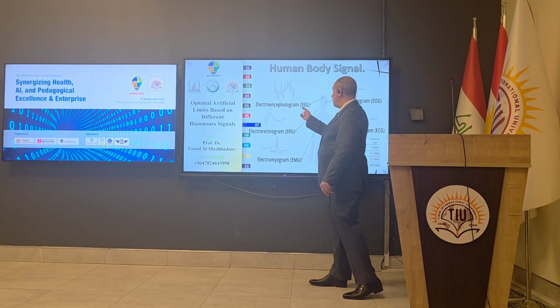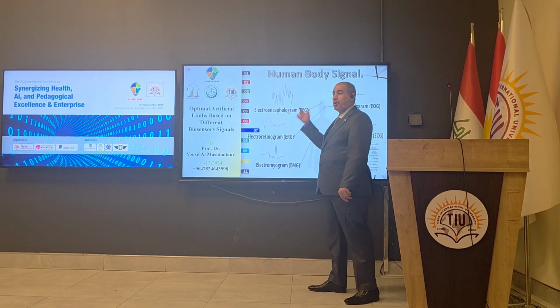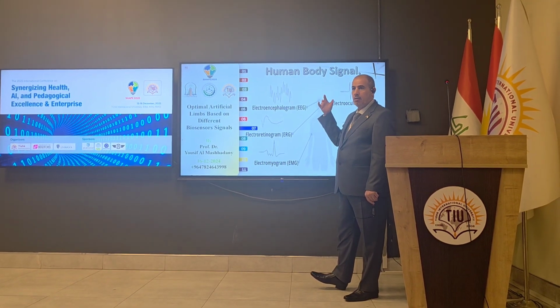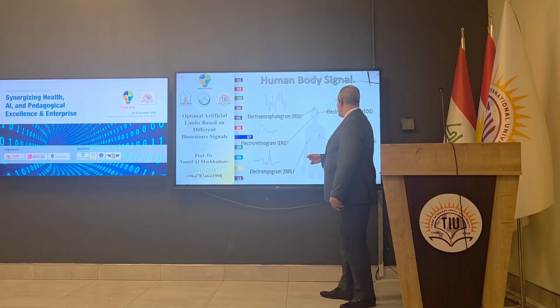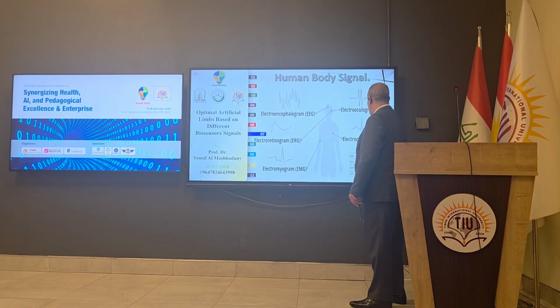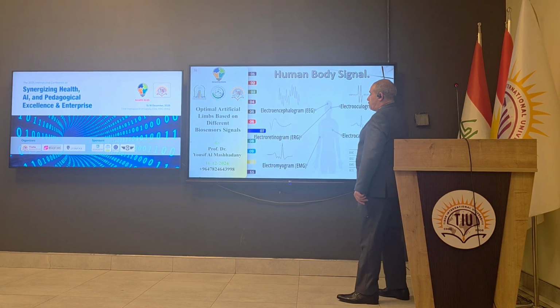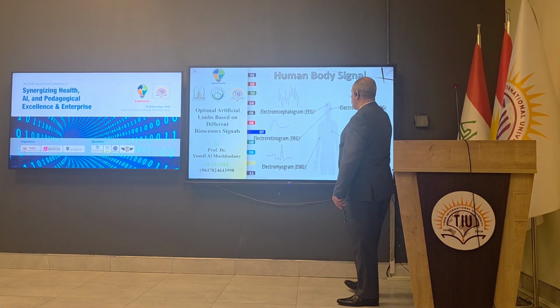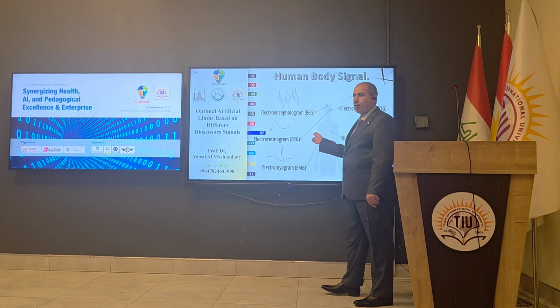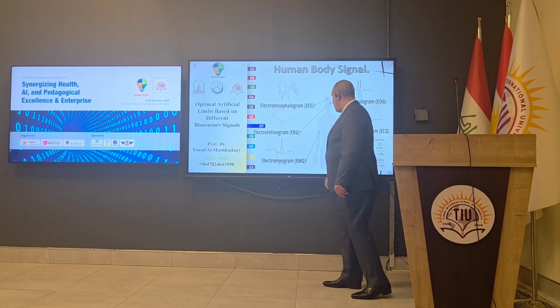EEG, electroencephalography signal, is from the brain and measured from the head. ECG, this is from the heart, and ERG or EOG, because this is according to the movement of the eyes or the movement of the tongue in the mouth.